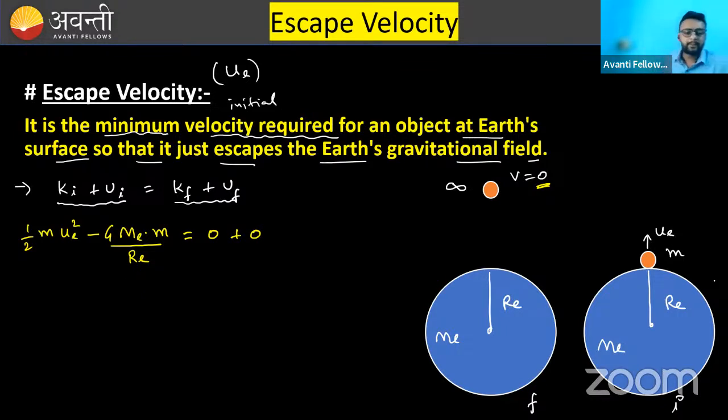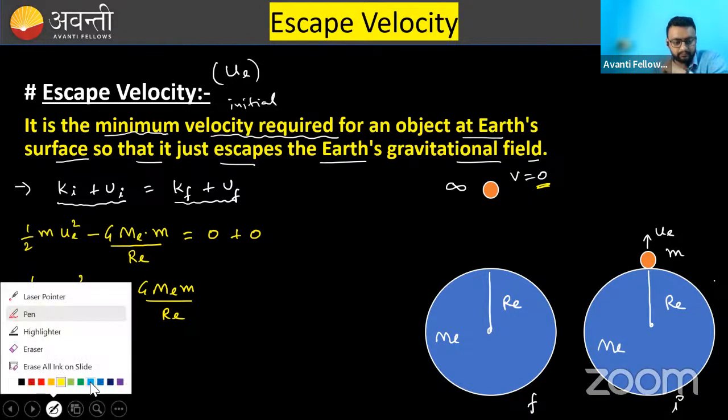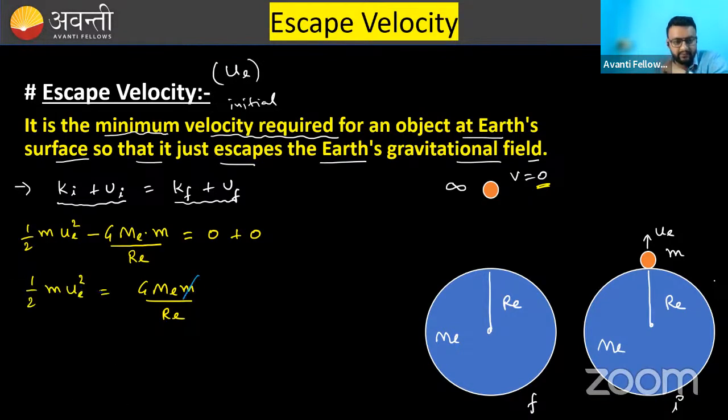So what it becomes, if I transfer, half m ue square is equal to G M e m divided by Re. I think it is clear up to this point. Now, if I cancel things out, you can see this m will get cancelled out.